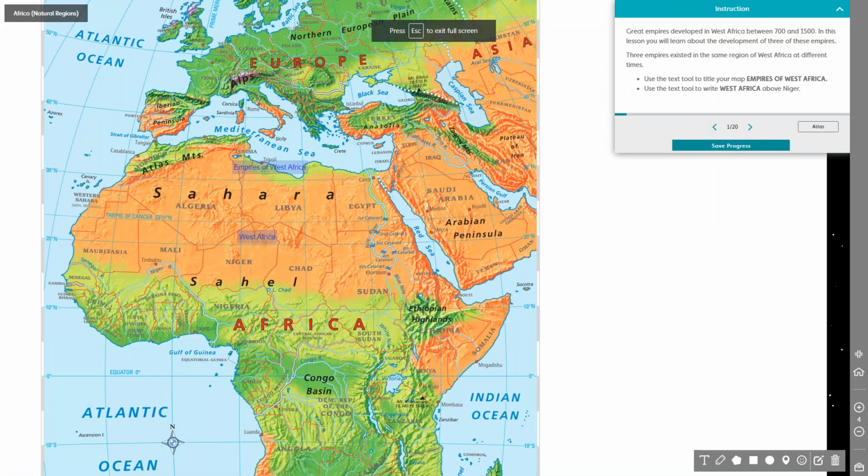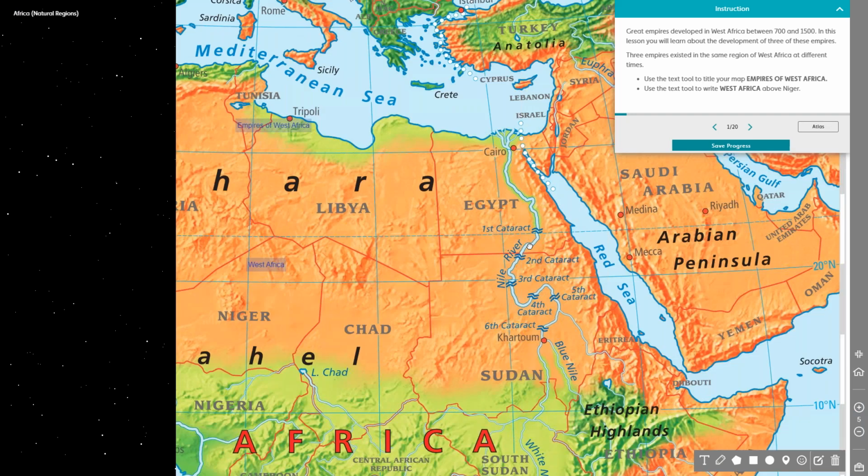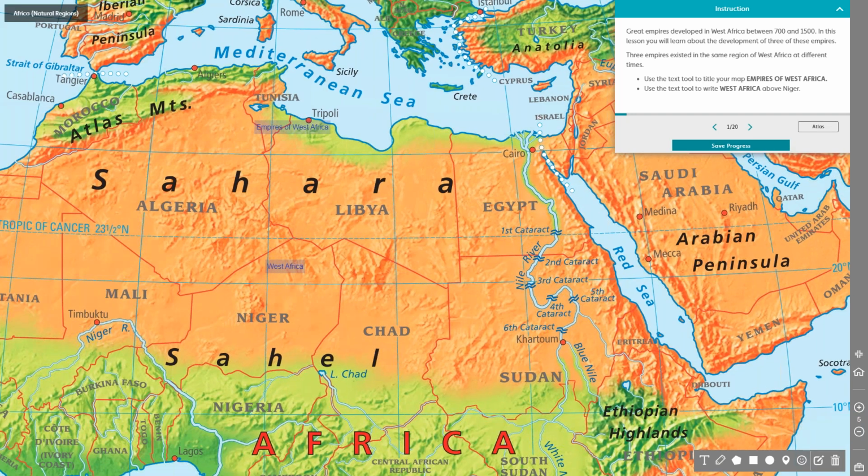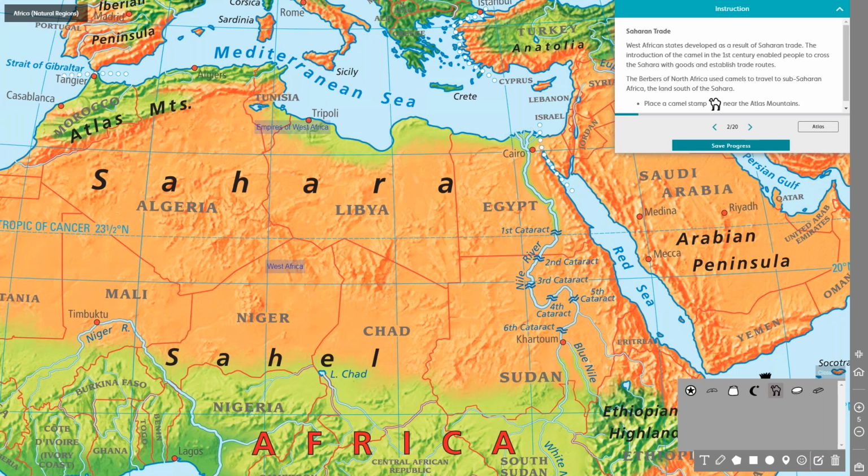Here's what the mapping interface looks like. I've got instructions up here on the right-hand side. I've got my map over here on the left, which I can manipulate and move around. I've got tools here like little stamps, and I'm going to follow these instructions. It says to place a camel stamp near the Atlas Mountains. So I'm going to place a camel stamp here and then close that out.